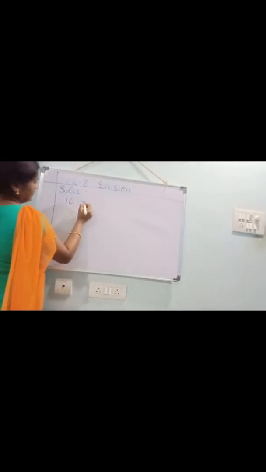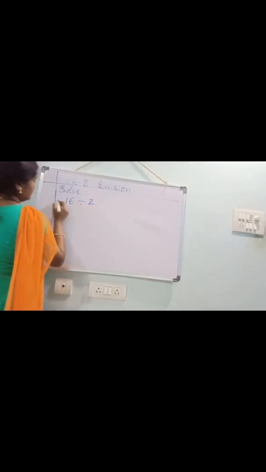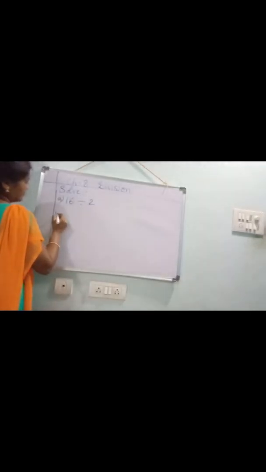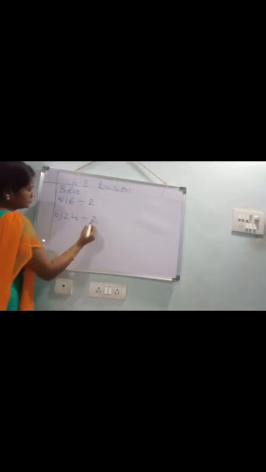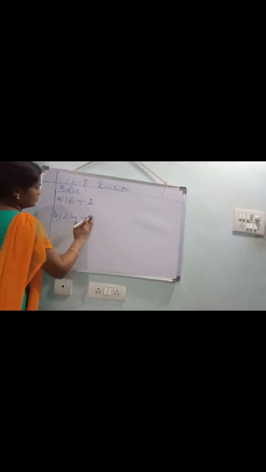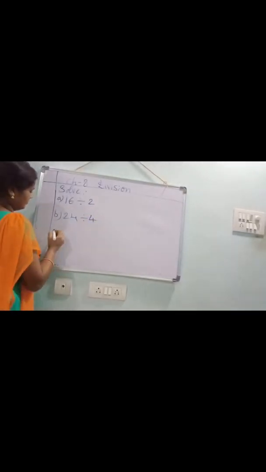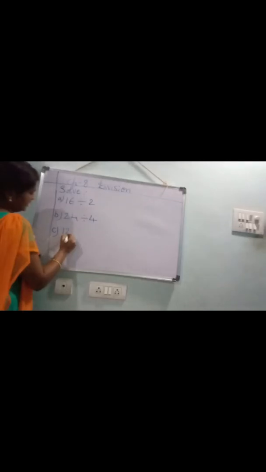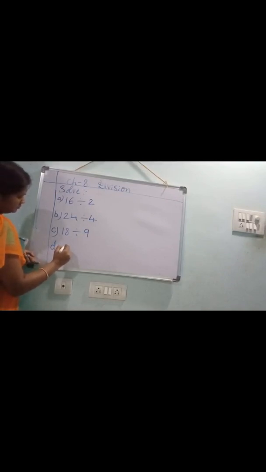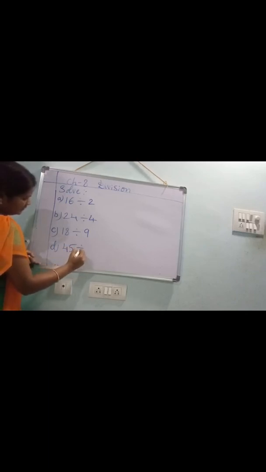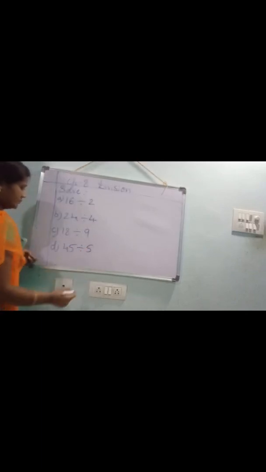16 divided by 2. 24 divided by 4. 18 divided by 9. 45 divided by 5.